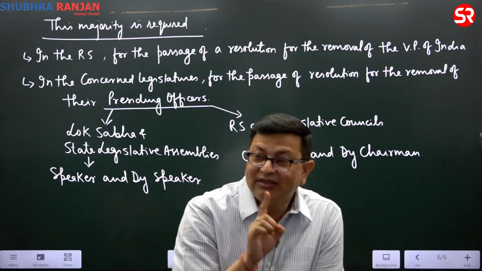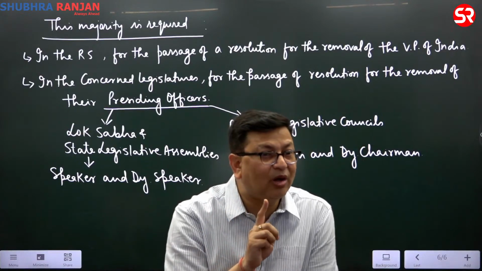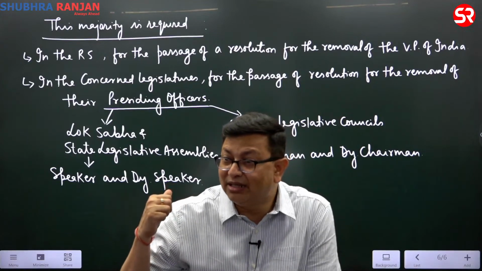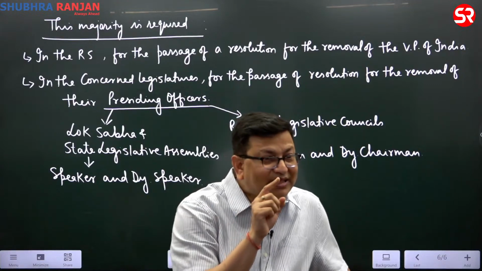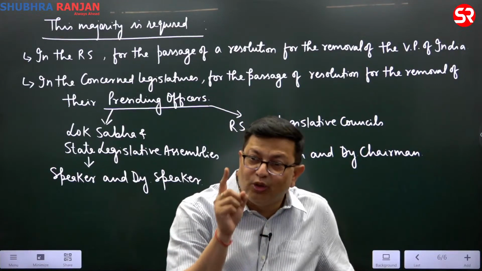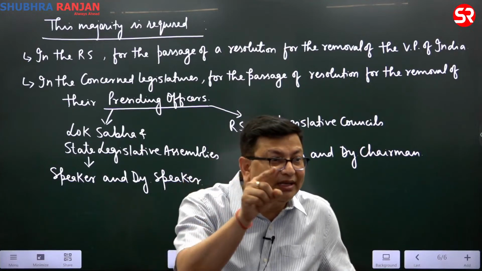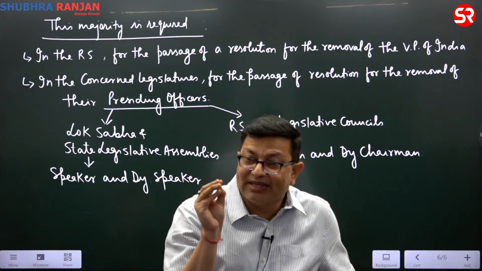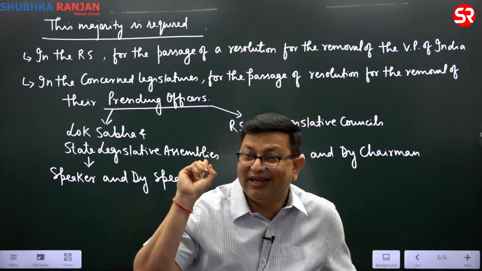If the chairman of Karnataka legislative council is to be removed, then this majority will be required in the Karnataka legislative council. If the speaker or deputy speaker of Lok Sabha is to be removed, then this majority will be required where? In the Lok Sabha. Done? So for whichever house's presiding officer you need to remove, there this majority will be required.